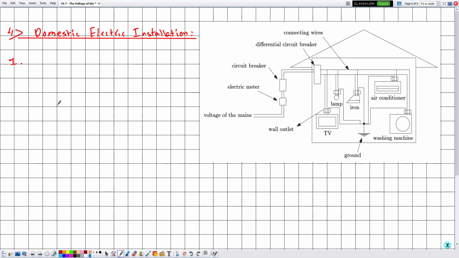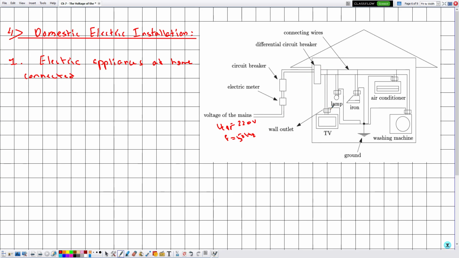Or before saying so, let me say how they function normally. Then electric appliances connected. Okay, let me say that here this voltage is 220 volts and the frequency is given by 50 Hertz.